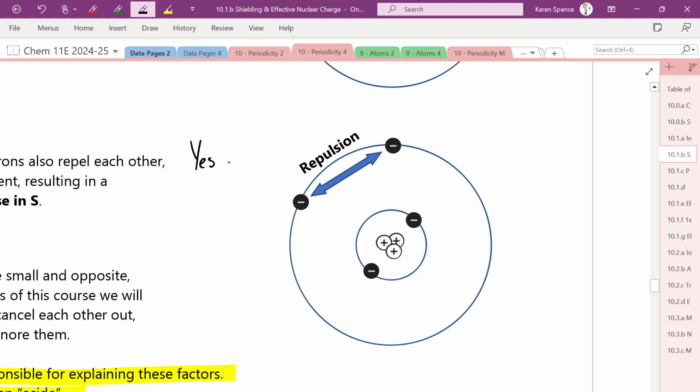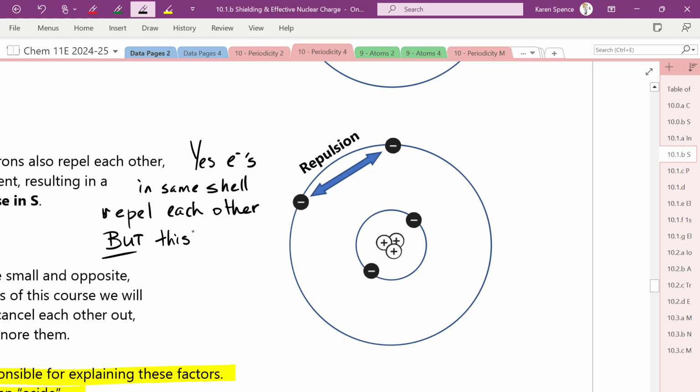So yes, electrons in the same shell repel each other. But this repulsion is insignificant compared to the repulsion of the core electrons.